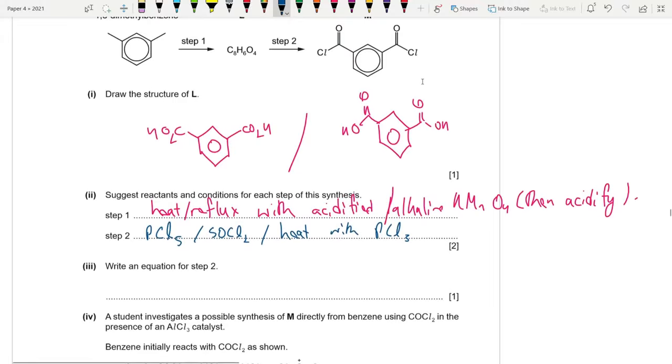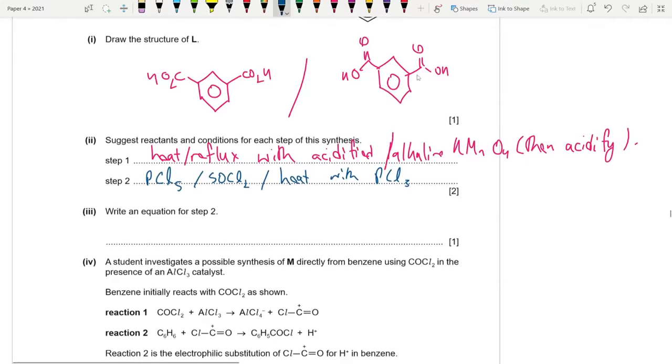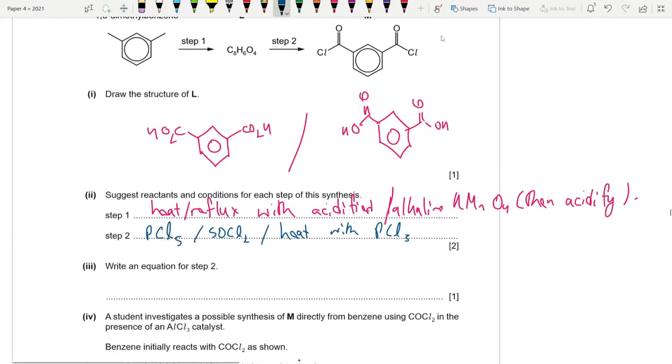Write an equation for step 2. Let's do this. Depending on the reagent, it will change. For example, for PCl5, what do we have? We have C8H6O4. Essentially, we're going to lose these OHs and they're going to be replaced by Cls.